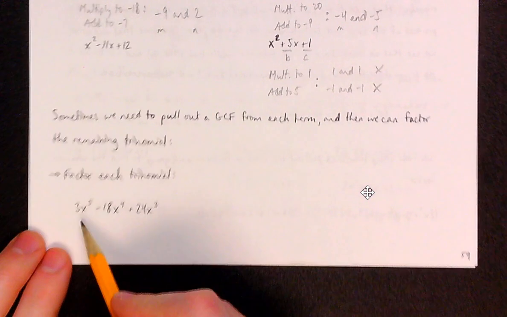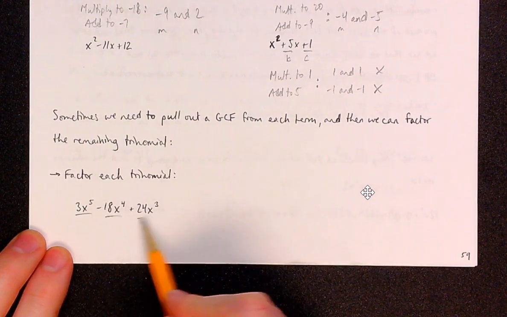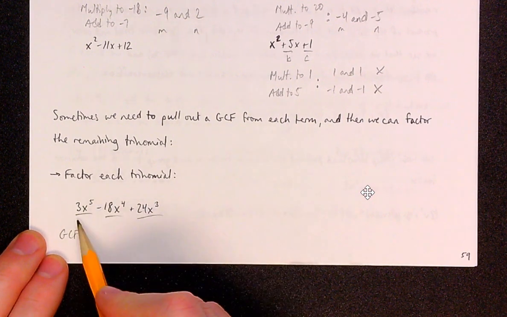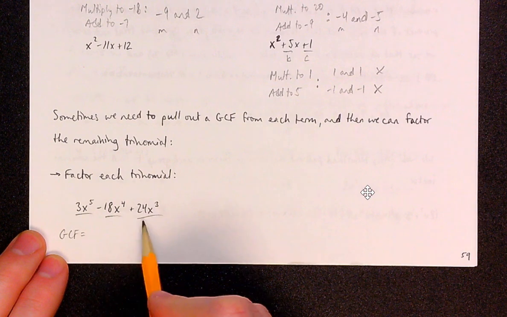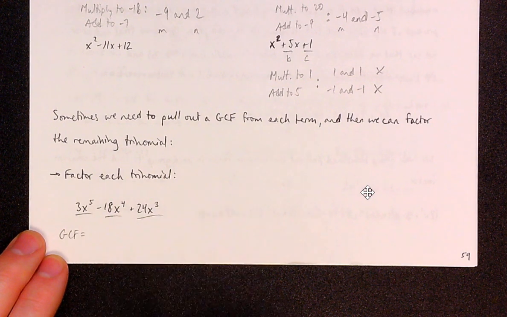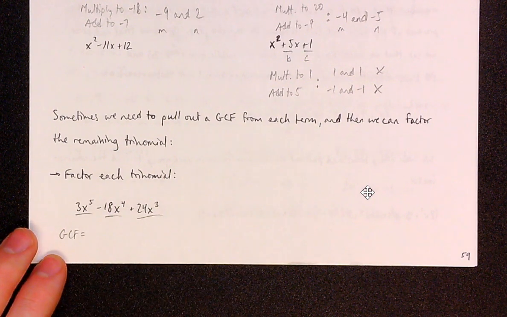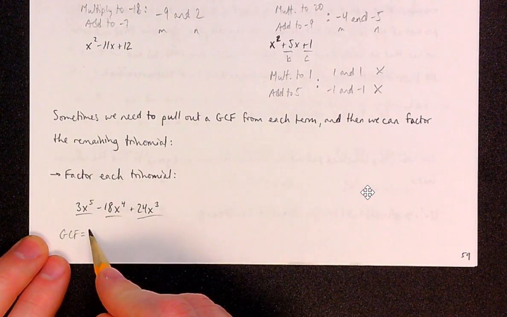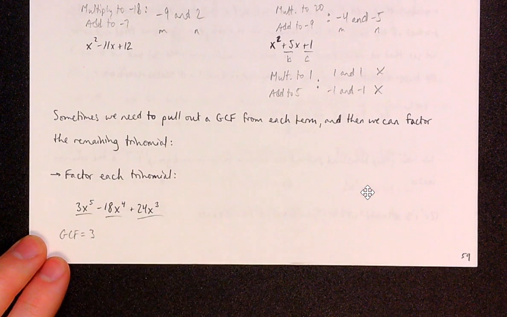Let's figure out the GCF of these three terms. First we need the GCF of the numbers in front, the 3, 18, and 24. If you list out all the factors, or if you break each one down into prime factored form, you'll find that the greatest common factor is 3.